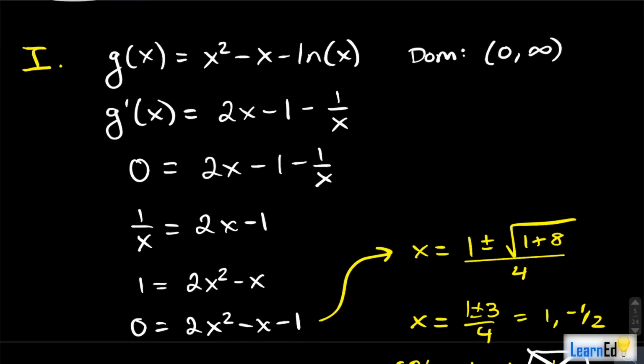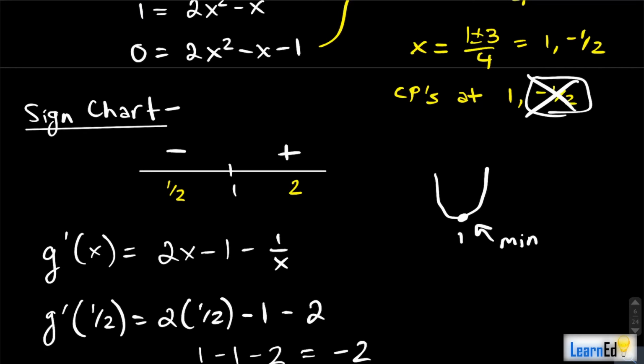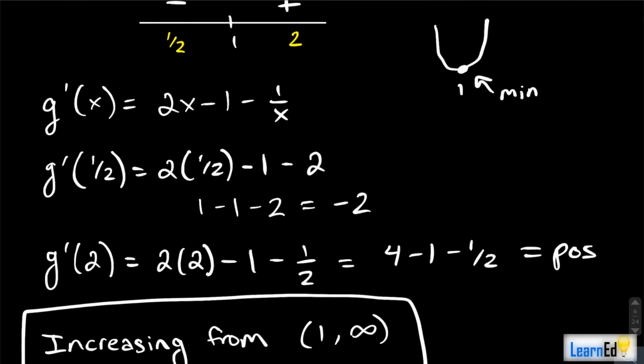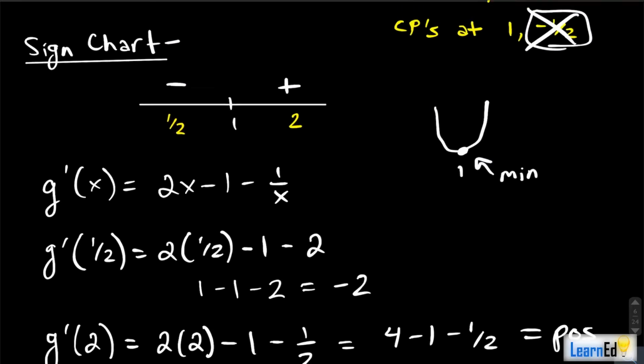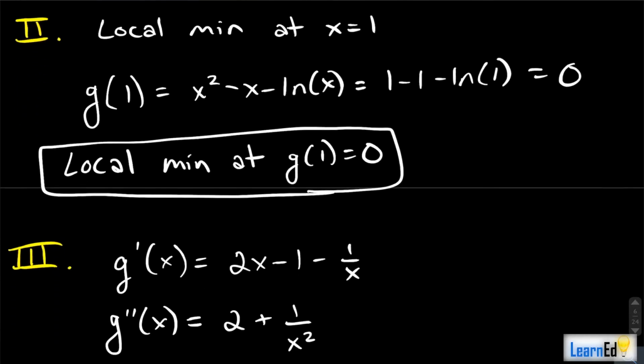I assume it'll always be apparent while you're doing the problem if you have forgotten about the domain of the function, but that always is really, really important to look at, okay? Because if we would have included negative 1/2 as an actual critical point, we would have got the problem wrong, okay? So from that sign chart, we found out where this thing was increasing or decreasing, and from that sign chart, we also found out that we had a local min at x equals 1. We found the y point at x equals 1, and that became our answer.